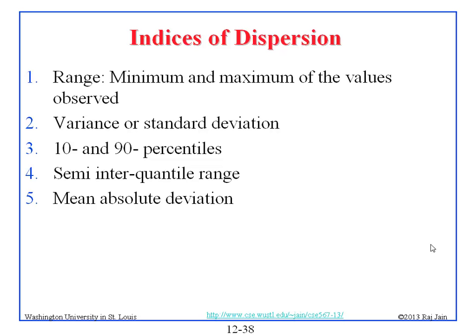Second thing you could do is the standard deviation or variance. And again, there are three ways: variance, standard deviation, and coefficient of variation. The preferable method, out of those three, is not variance, because variance nobody can even guess how to interpret it. Right? Standard deviation is better than variance, and coefficient of variation is better than standard deviation.